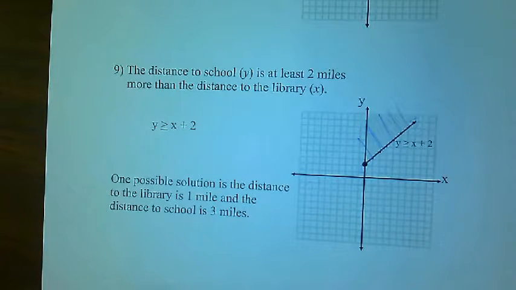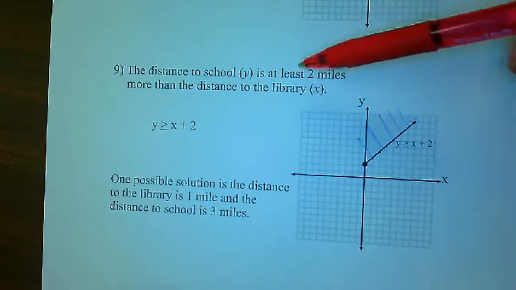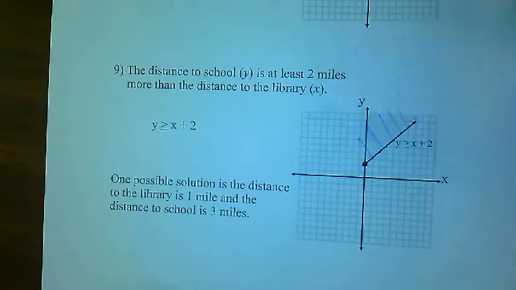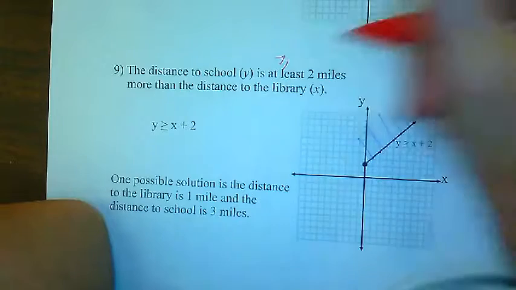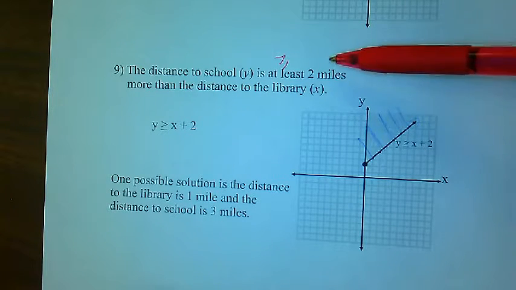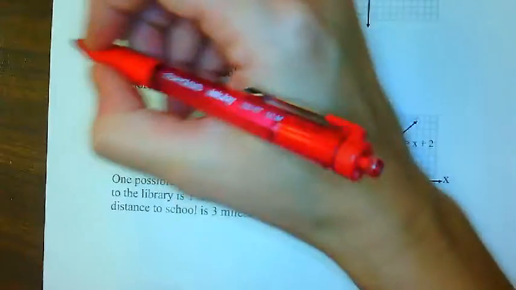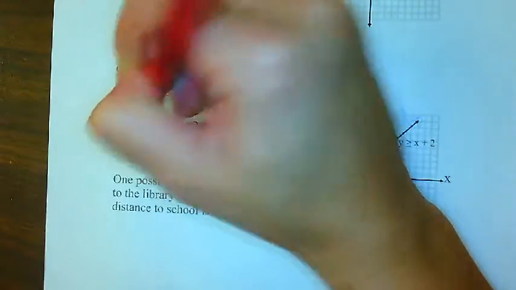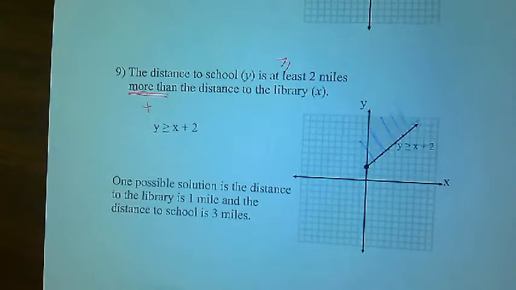In the positive direction, of course. And number 9, the distance to school, which we're calling y, is at least, going to be greater than or equal to. Okay, sorry, it looks like a 7. Okay, at least 2 miles more than, that means plus sign, the distance to the library, which they're saying is x. Okay, so y is greater than or equal to x plus 2.